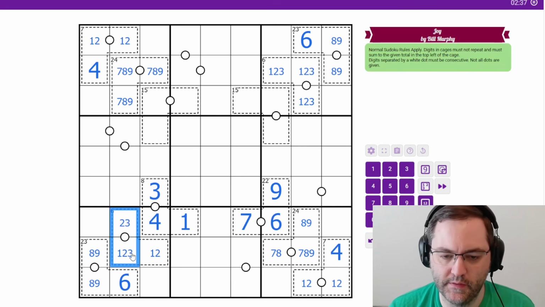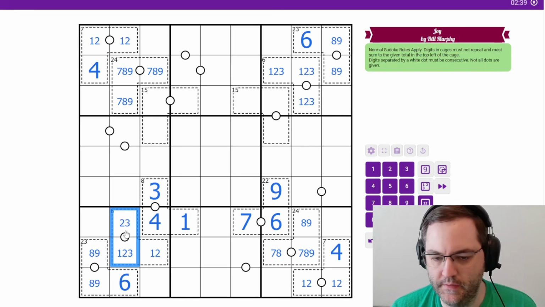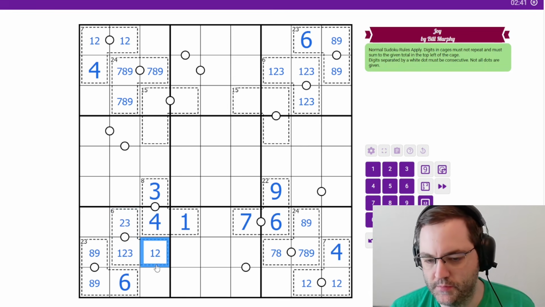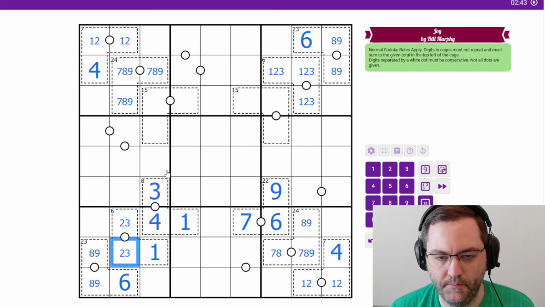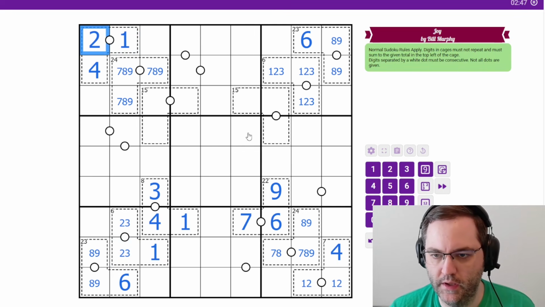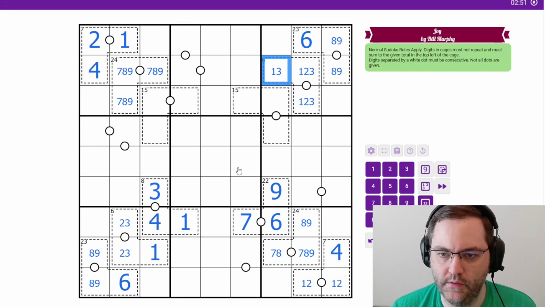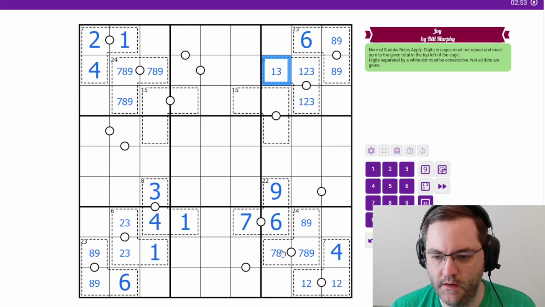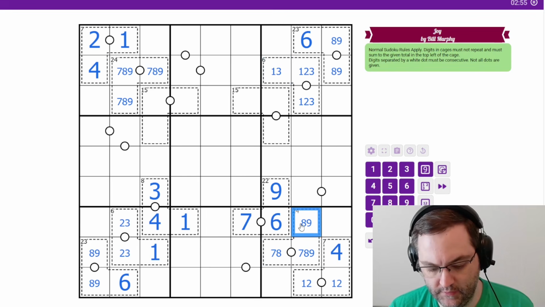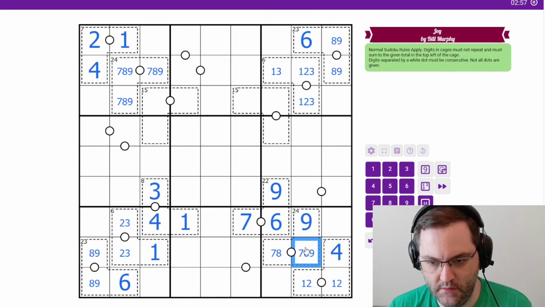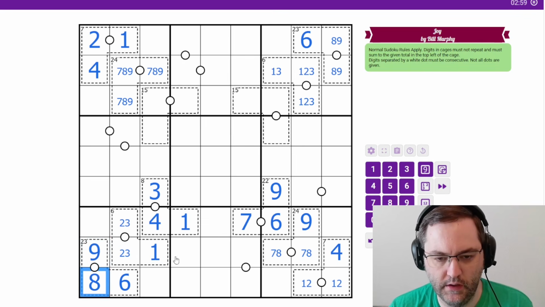So one of these has to be the 2, and then the other is an odd digit, which means this is not 2, this is 1. And that's going to resolve the 1, 2 up here as well. We also know these two cells contain a 2, so it's not there. These contain an 8, so that's going to place our 9, which is going to place 9 and 8 over here.